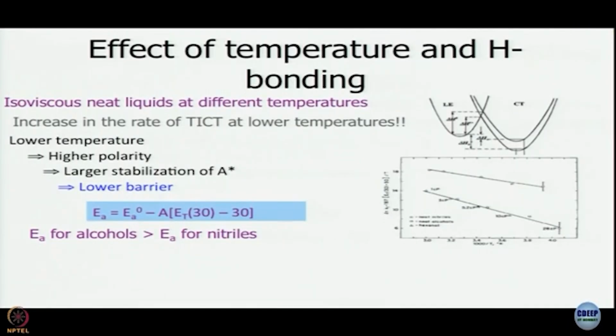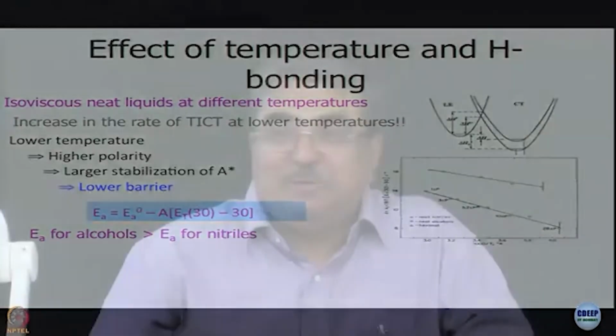Okay. So, from here what they established is that the activation energy of alcohols is greater than the activation energy of nitriles. And more interestingly, the difference between the activation energies of alcohols and nitriles is 6 kilocalorie per mole. Does this number ring a bell? 6 kilocalorie per mole?